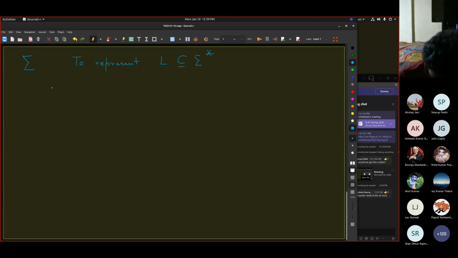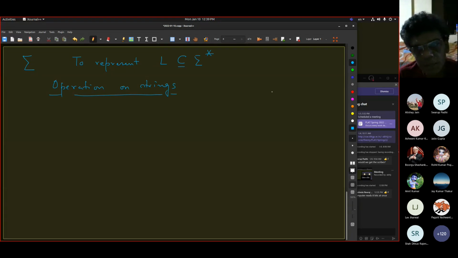What I wanted to say is the algebra of strings. Let me introduce some notions: operations on strings. Strings are not exactly like numbers. They may be interpreted as numbers, but in general, strings are not numbers.